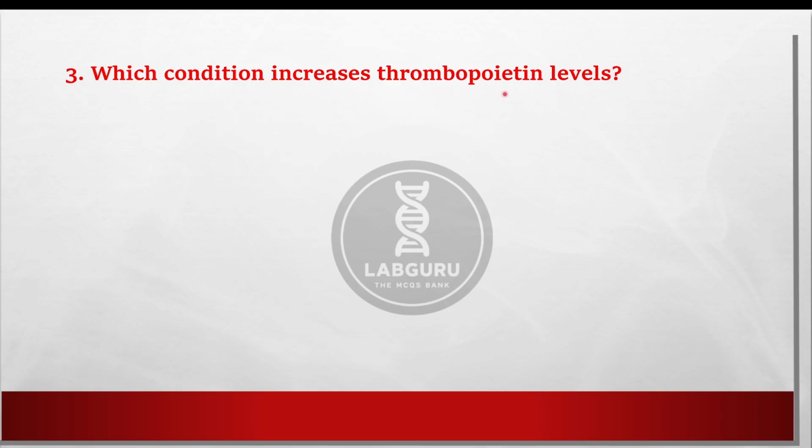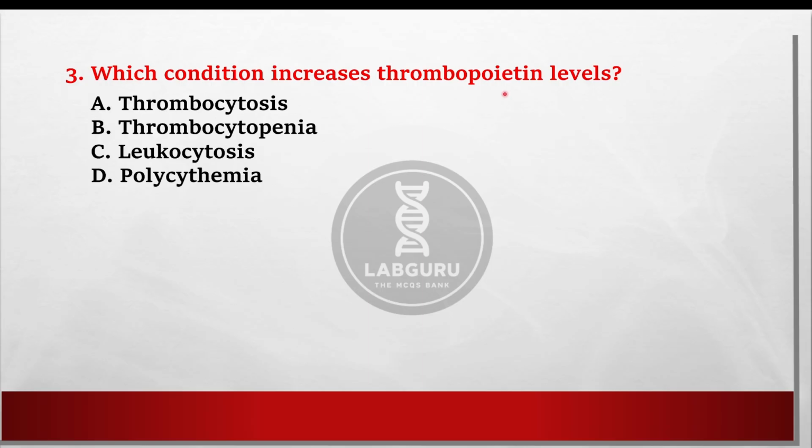Thrombopoietin, TPO. Okay, which condition increases thrombopoietin level? Options are option A thrombocytosis, means increase in the platelet count, option B thrombocytopenia, decrease in the platelet count, low platelet count, option C leukocytosis, increased WBC count, and option D is polycythemia.